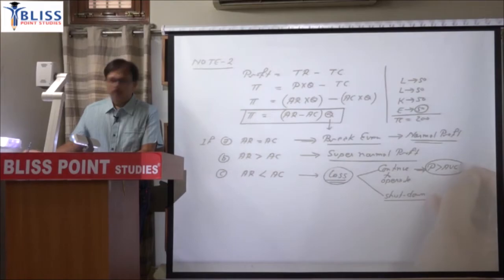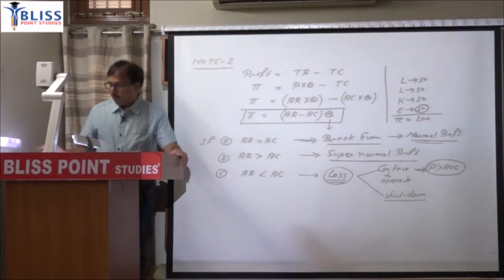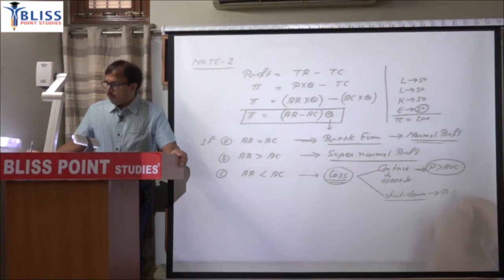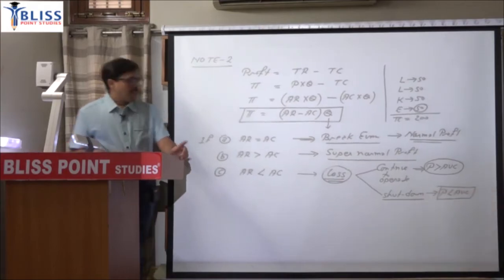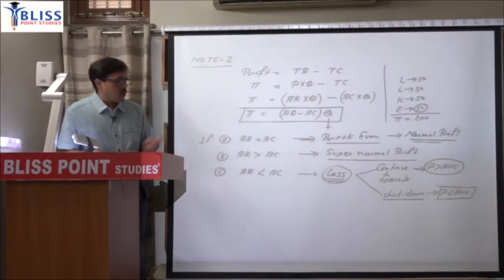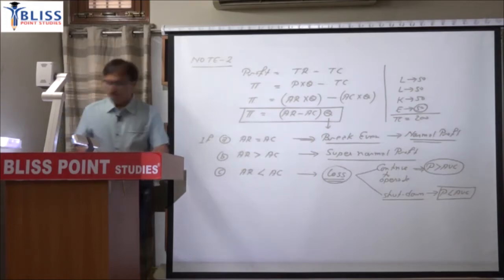Always keep this point clear. When P is greater than AVC, then the firm will continue to operate. I will elaborate this point further. And when will the firm shut down? When price is less than average variable cost. So when price is less than average variable cost, the firm will prefer to close down the business. When price is greater than average variable cost, the firm will continue despite loss.